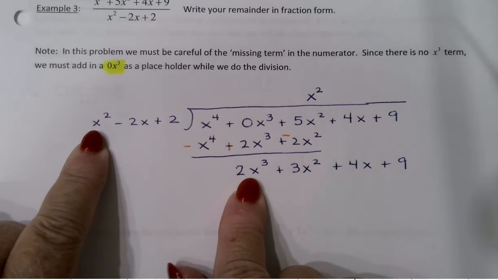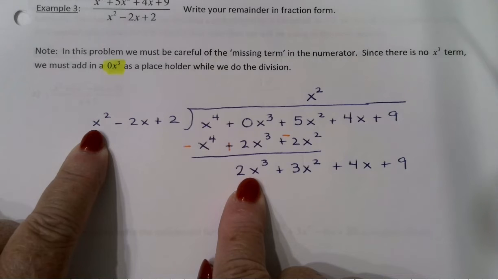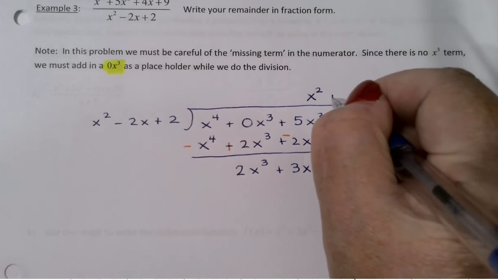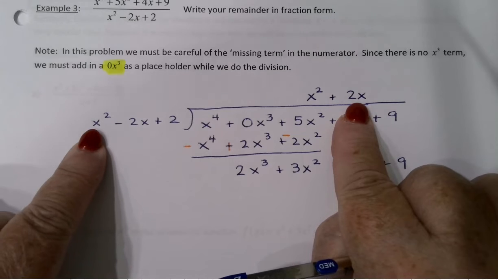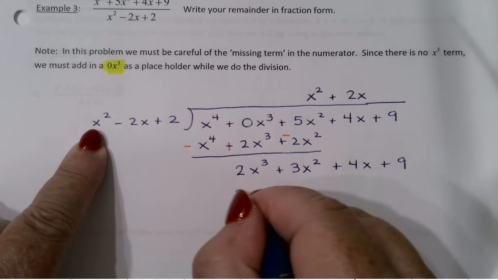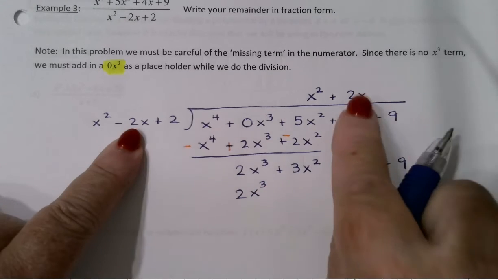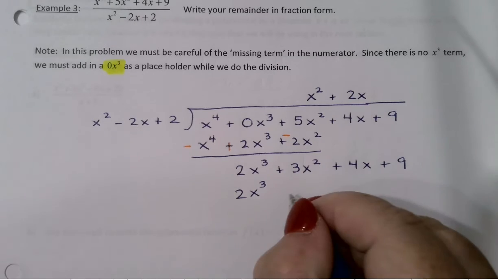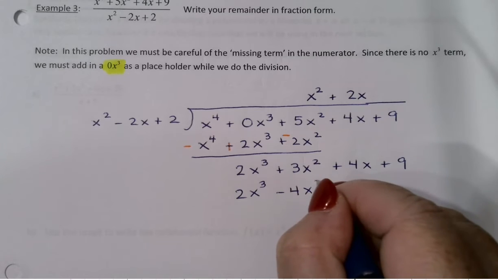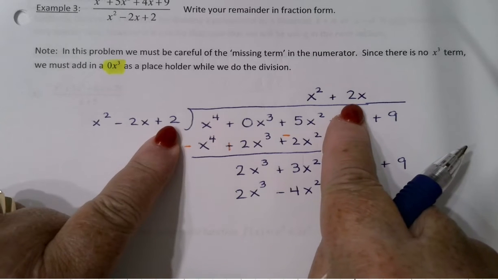All right, let's keep going. Again, when you divide, you only concentrate on the first terms. So 2x to the 3rd divided by x squared is going to be 2x to the 1st, positive, so plus 2x. Multiplying gives me 2x cubed minus 4x squared plus 4x.